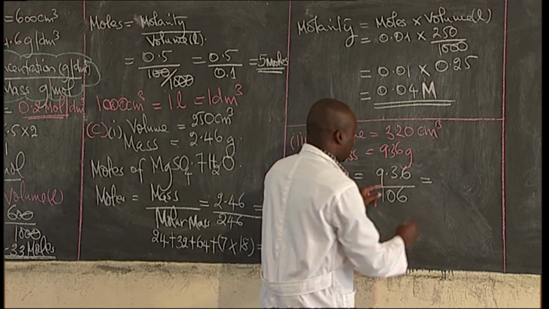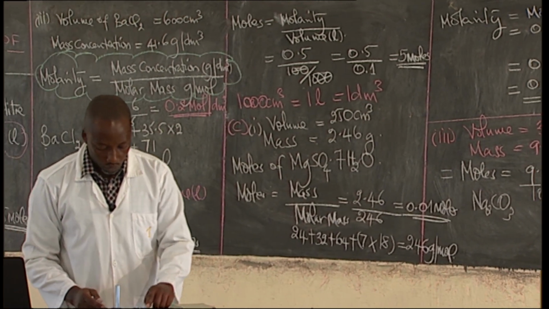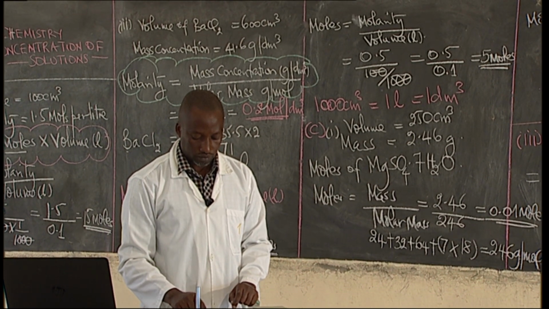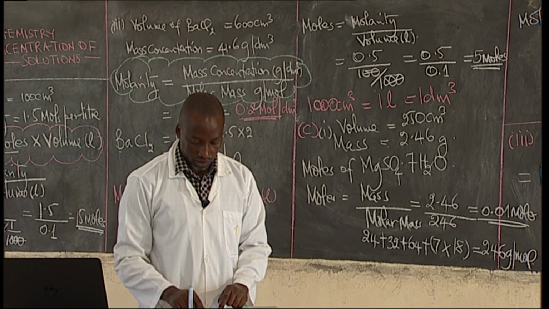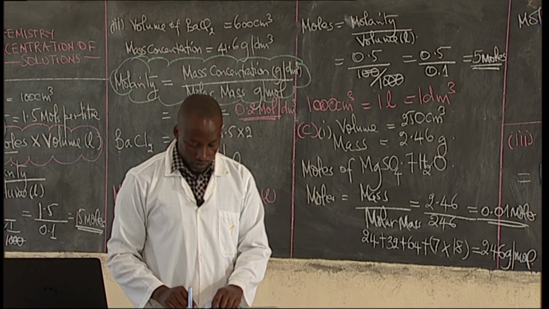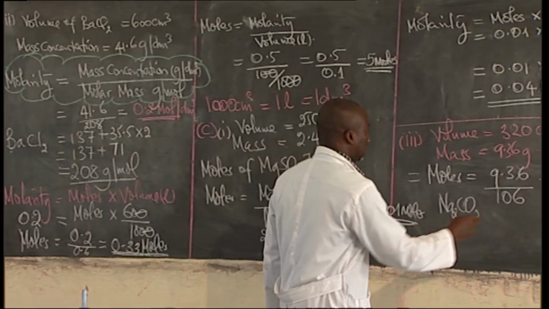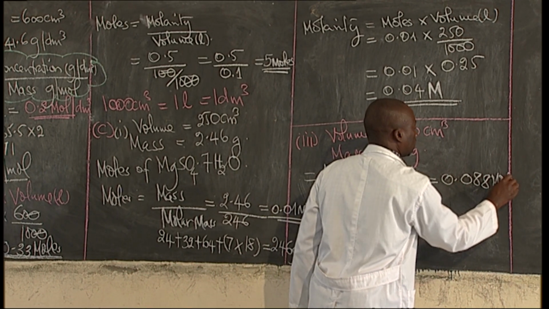So this will give us the number of moles. Use your calculator once again. 9.36 divided by 106 is 0.088 moles.